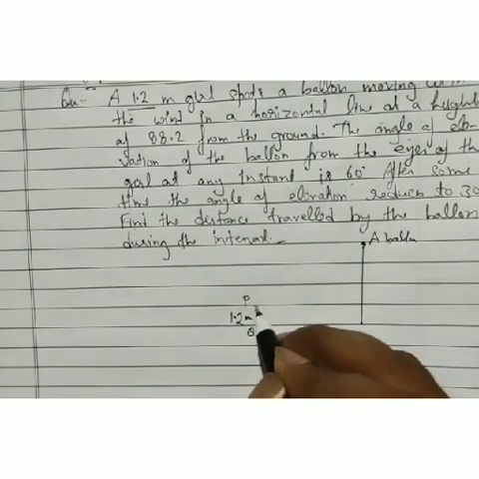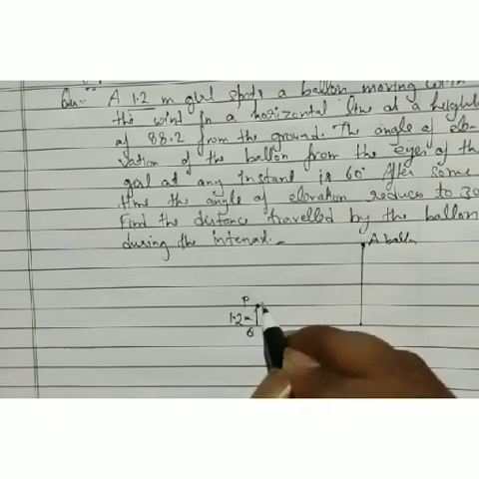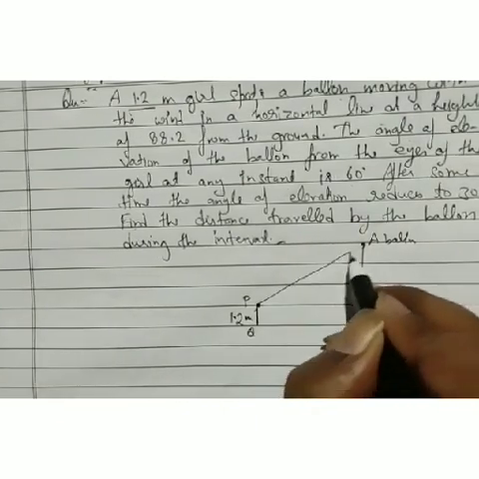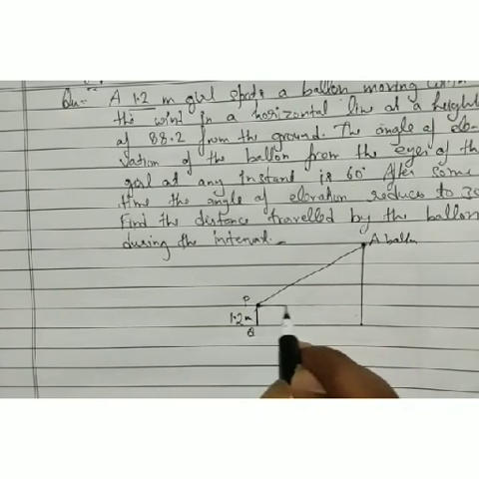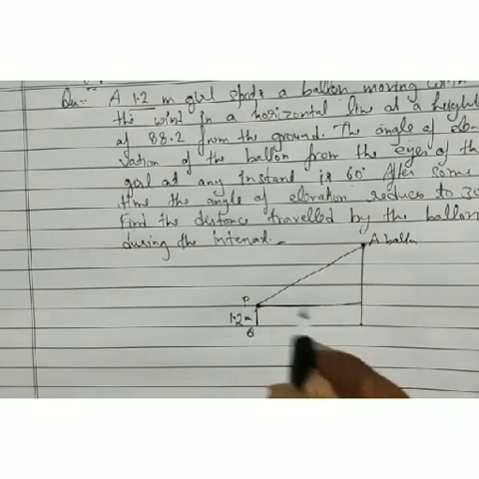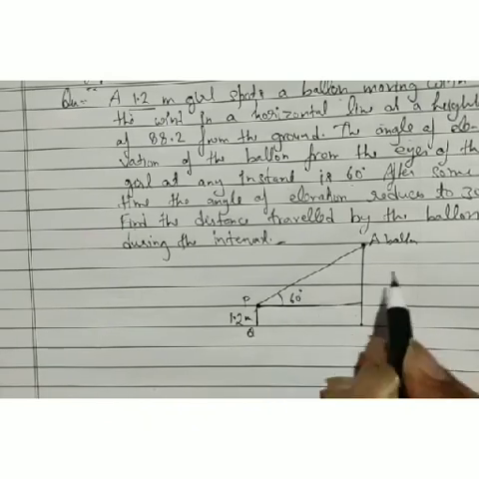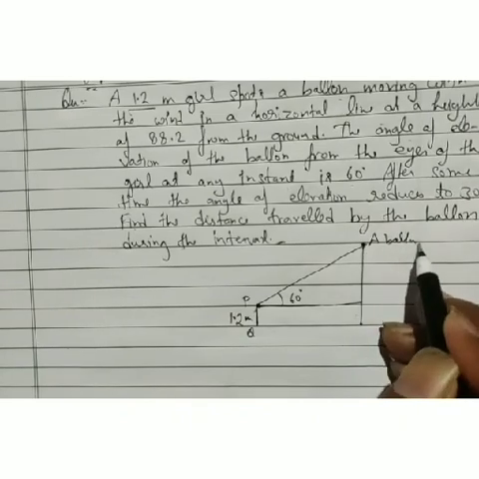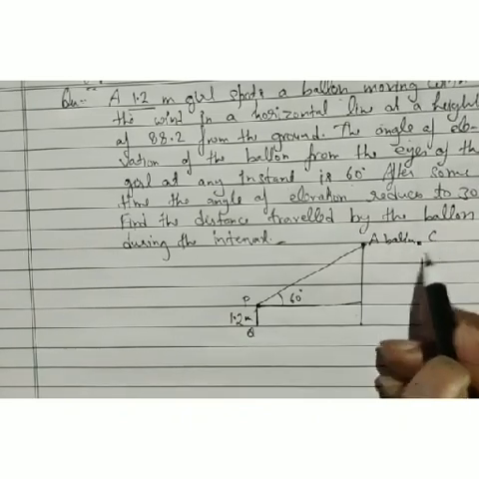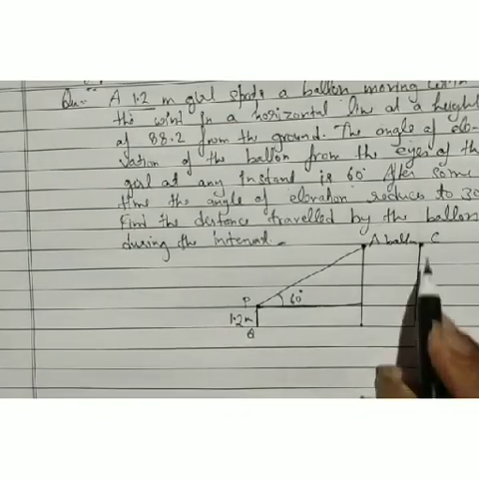Now, first of all, suppose P is the point from where the girl observes. We join this to A. Then we draw a horizontal line here, and this angle is 60 degree. Then suppose from point A the balloon reached the point C. Now we join the point CD; CD is the vertical distance.